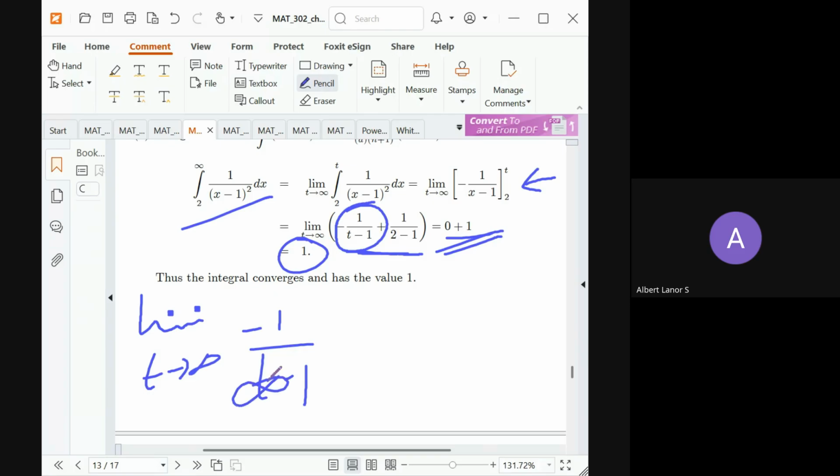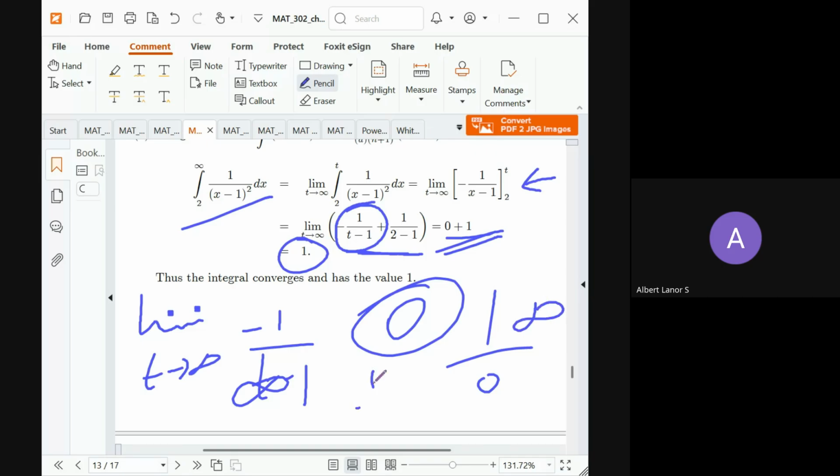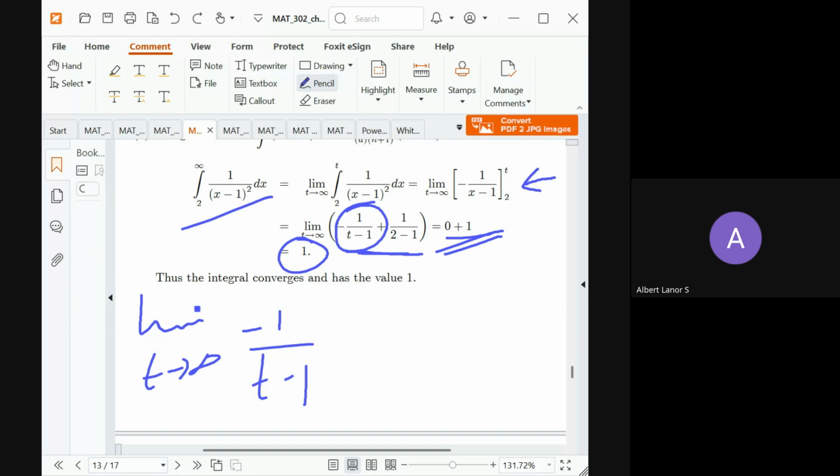Now infinity minus 1 is still infinity, and 1 over infinity is 0. Any number over infinity is 0. You know that 1 over 0 is infinity, and also 1 over infinity is 0. So these are some standard things you ought to have known from the lower levels or from the earlier semesters.